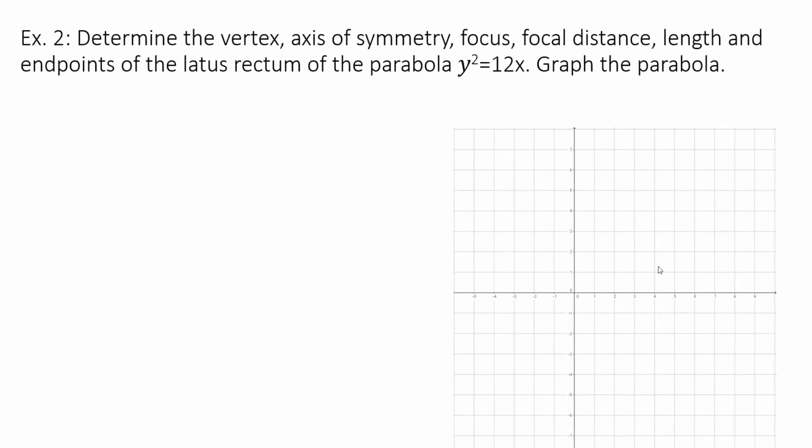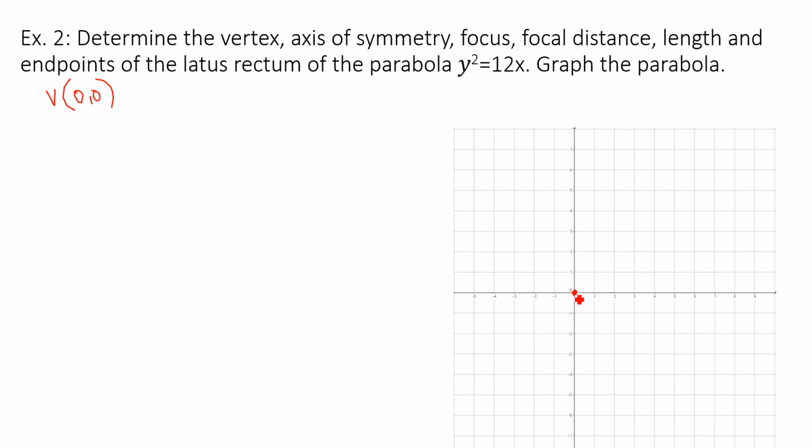Determine the vertex, the axis of symmetry, the focus, the focal distance, and the length and endpoints of the latus rectum of the parabola y squared equals 12x. Then graph the parabola. As we can see here, the parabola is y squared equals 12x. Since it's y squared, the vertex is clearly at the origin, (0, 0). So here's the vertex.